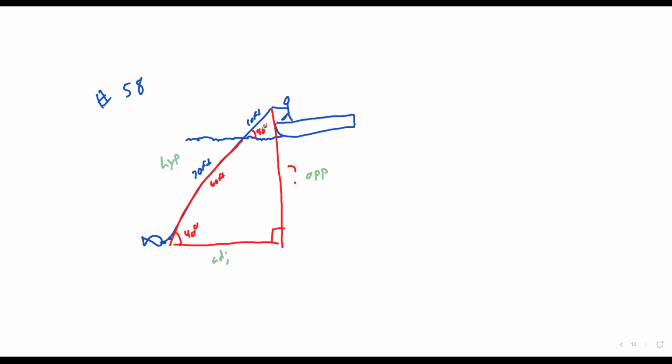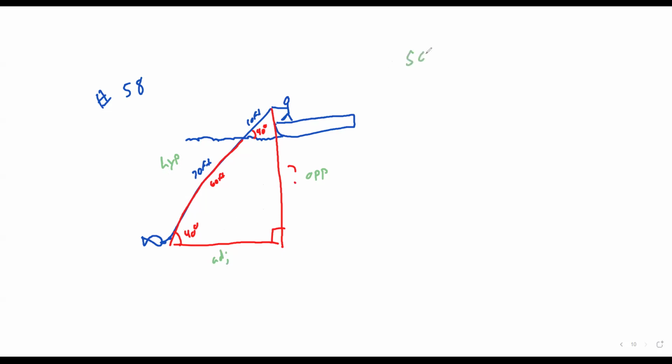I'm given the hypotenuse. I'm given the angle. And I'm given this opposite side here. So let's go with this.